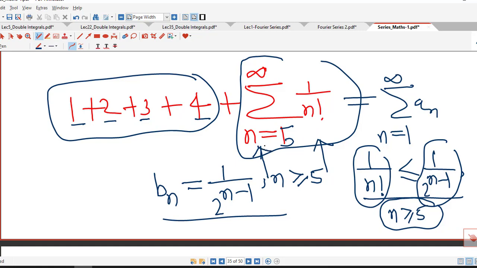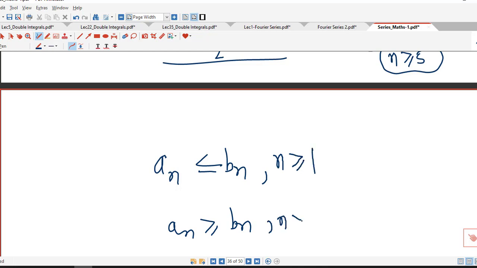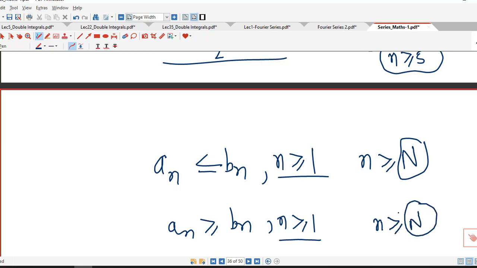If this series is convergent and if we are adding finite number of terms, then this series remains convergent. So it is not necessary that an must be less than or equal to bn, or an must be greater than or equal to bn starting from n greater than or equal to 1. Instead of n greater than or equal to 1, we may have n greater than or equal to some fixed number. Then also we can apply comparison test.